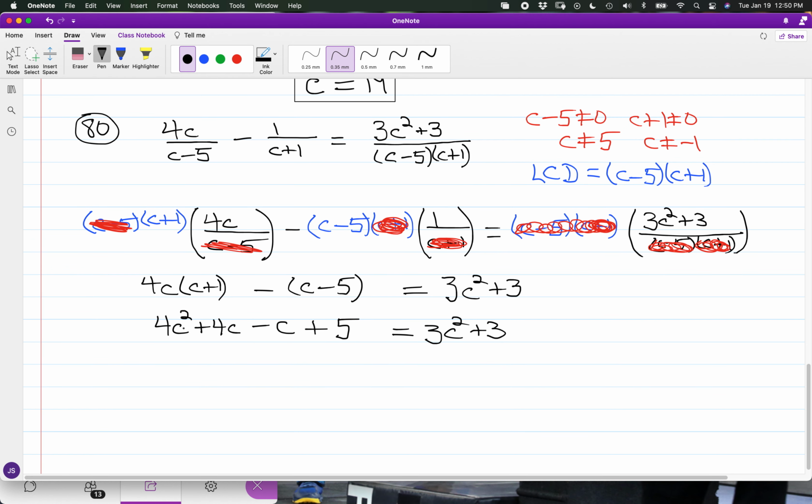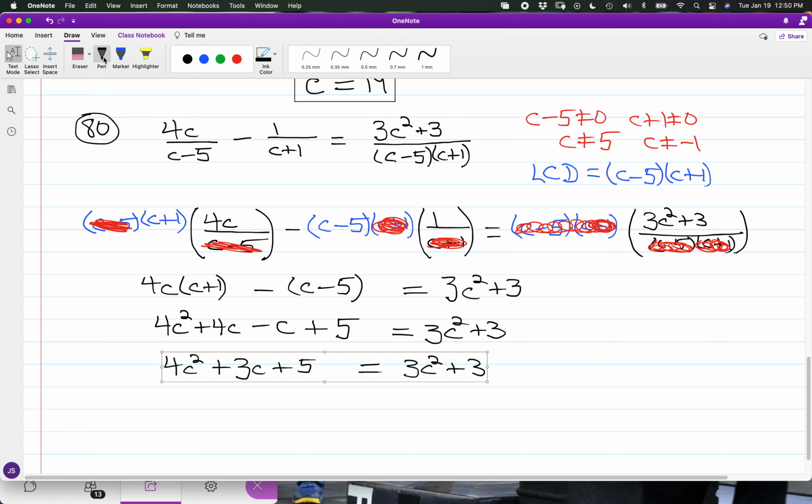So looking at what we have now, we've got 4c squared plus 4c minus c, which becomes plus 3c, and plus 5, again equal to 3c squared plus 3.